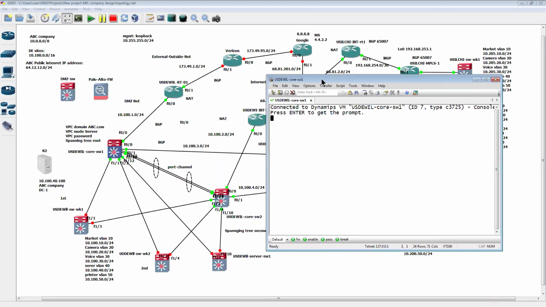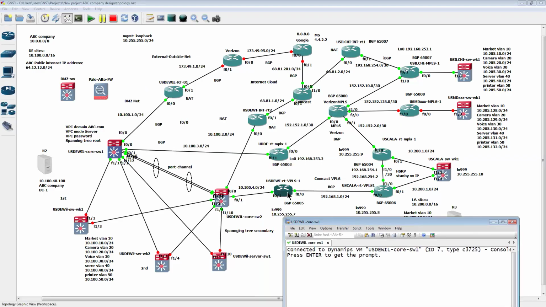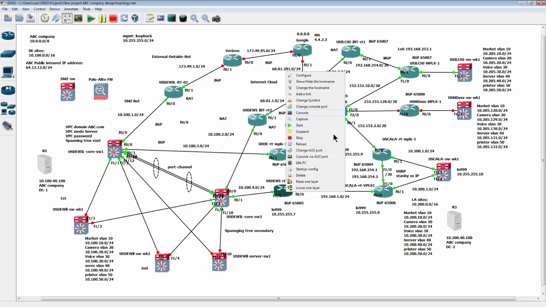About the EIGRP, let's go back, for example, to the H router in here. This router here, we have BGP, OSPF, and EIGRP, right? Let's cancel this one here.